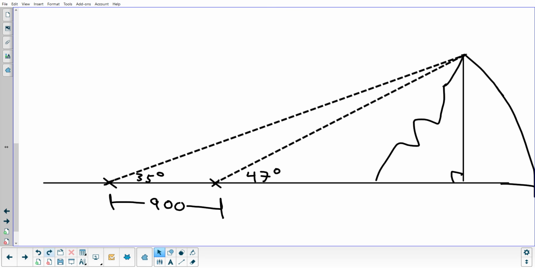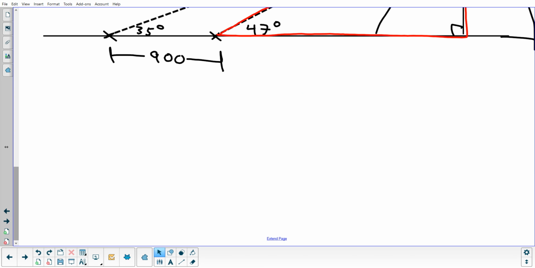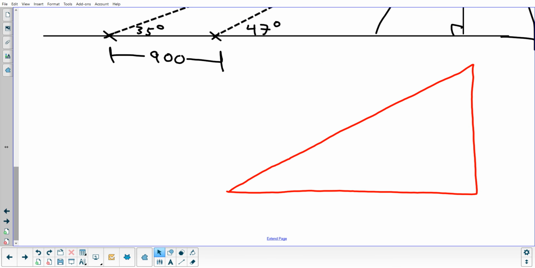All right, so let's trace a couple of the triangles. Let's start with this one. We have enough information to solve this triangle in red. That would be great, because then we're going to be done right away, because H is what you want to know.